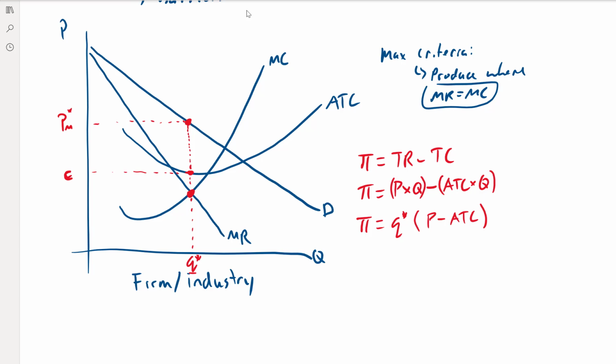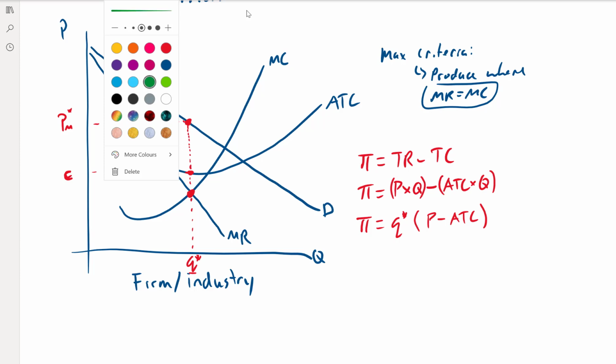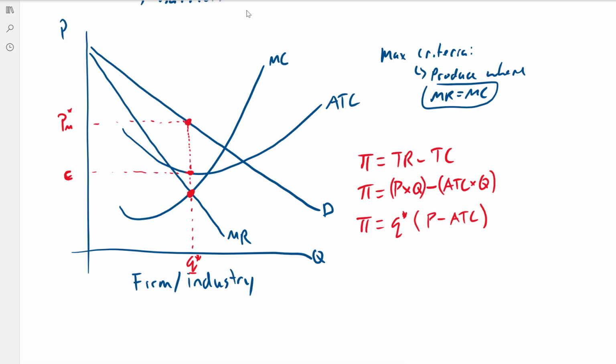So now we can just shade in what the profit is. It's this area here. This is the height of this rectangle, or the width, or whatever you want to call it. And Q star is the length. So we're taking this difference here, and we're multiplying it by this length, which is going to be this entire area here.